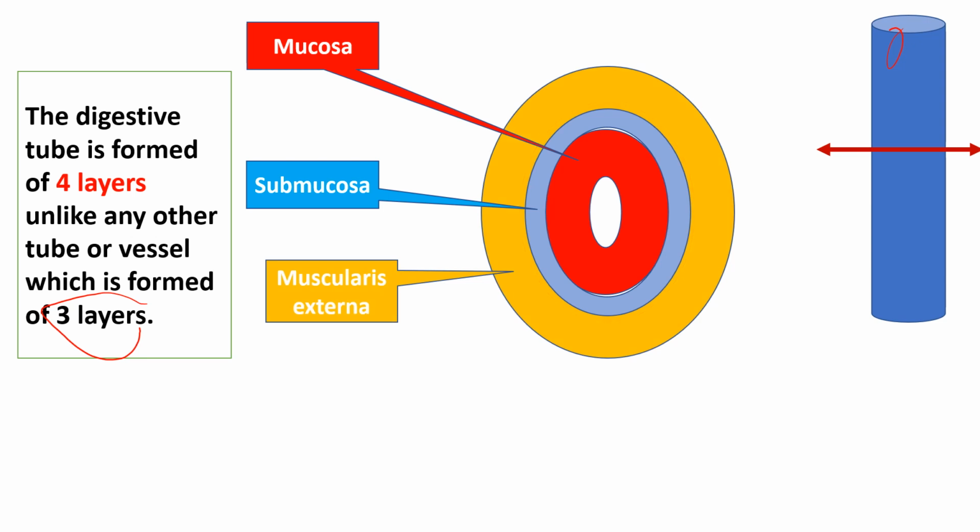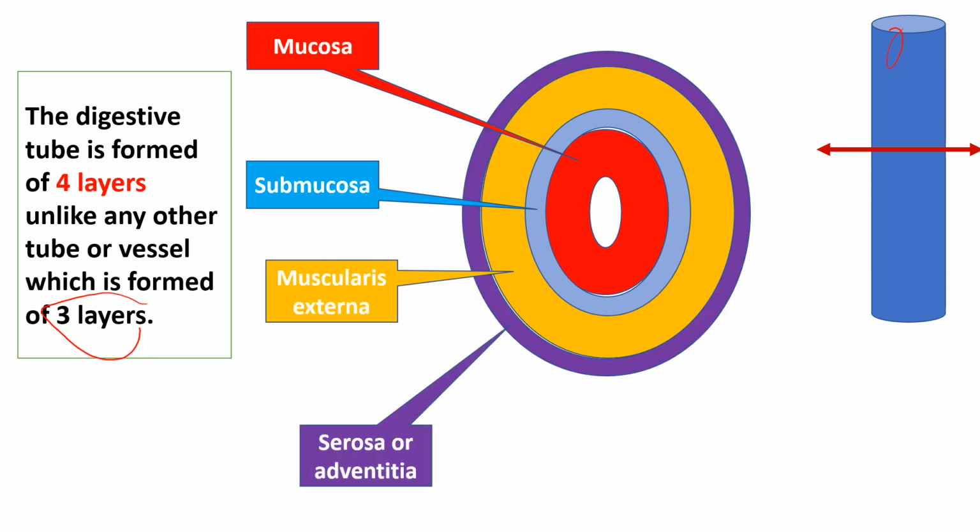And finally, we have a connective tissue or serous sac. If it is a serous sac, it will be called serosa, or if it is connective tissue, it will be called adventitia. So, what are the layers of the gastrointestinal tube? The mucosa, submucosa, muscularis externa, and finally serosa or adventitia.